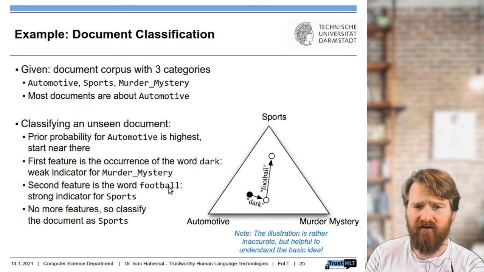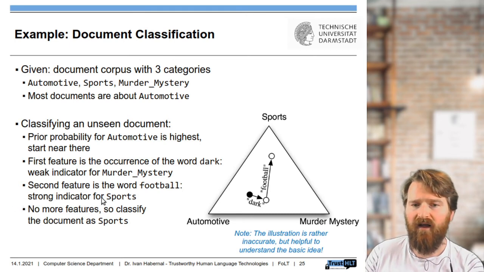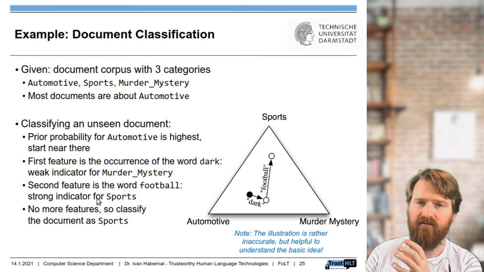Then the second feature is football, which is a strong indicator for sports. So the conditional probability here is higher. And this likelihood will push the full joint probability to the class sports. So we would finally classify the document as sports.